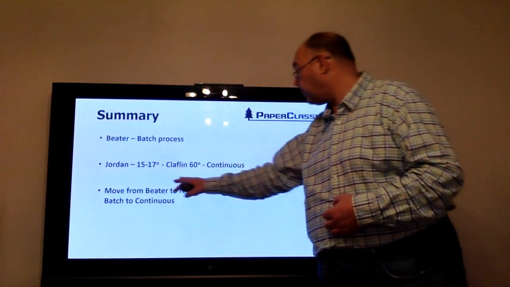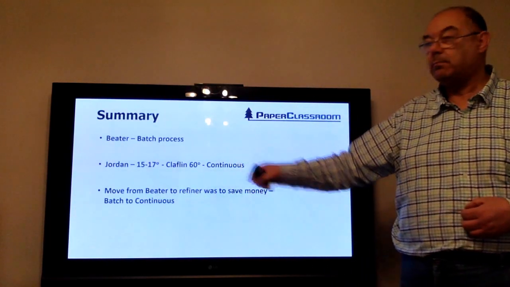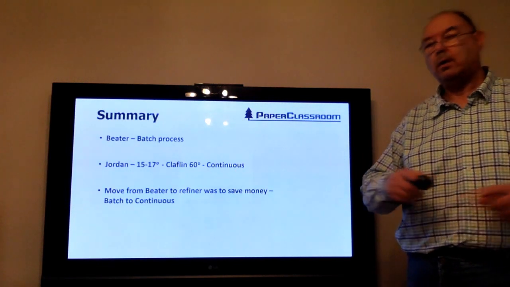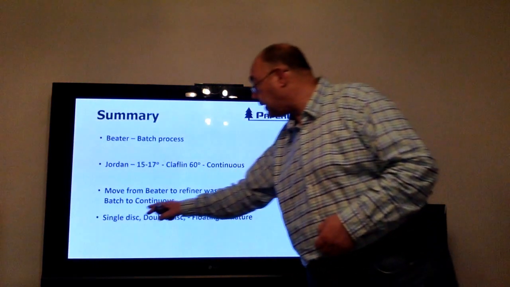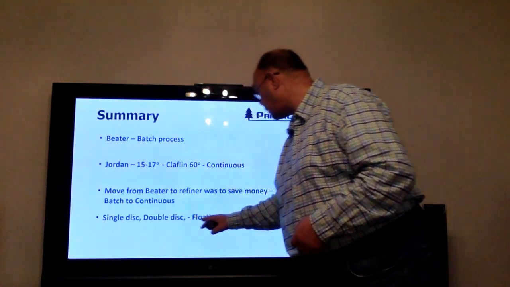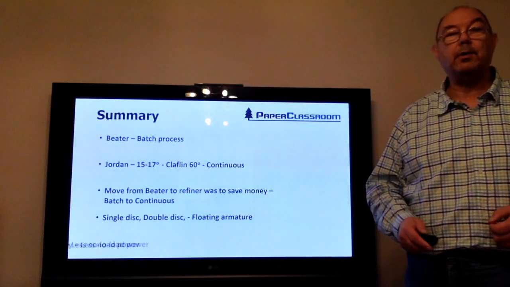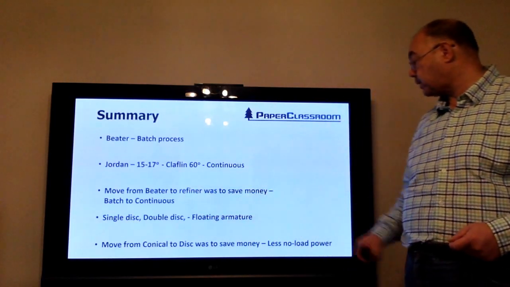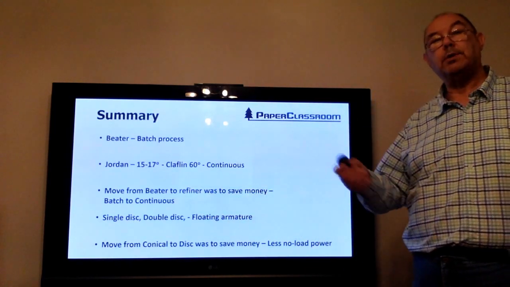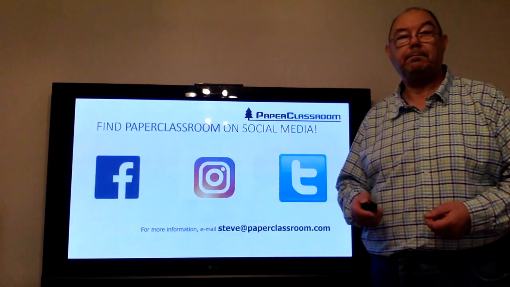So the move from the beater to the refiner was to save money, batch to continuous. It's also improved consistency of quality. Then we moved on to discs, single disc, double discs, discs with a floating armature. Why do we do that? Because moving from conicals to discs was to save money because there was less no load power.